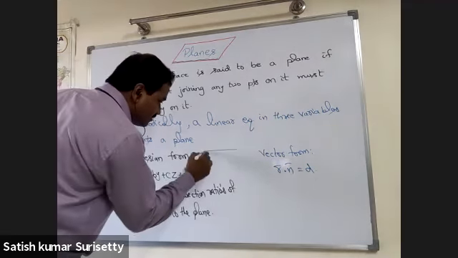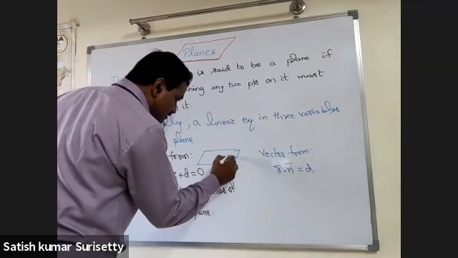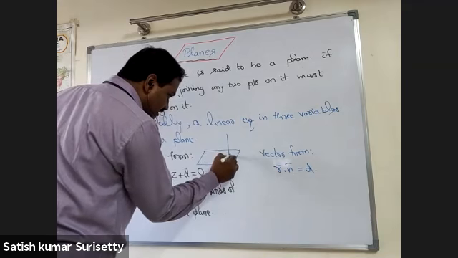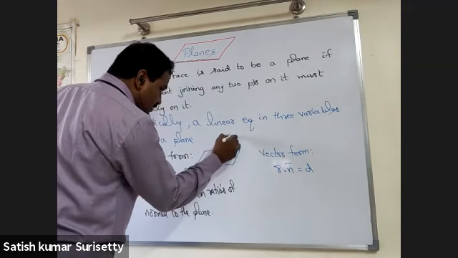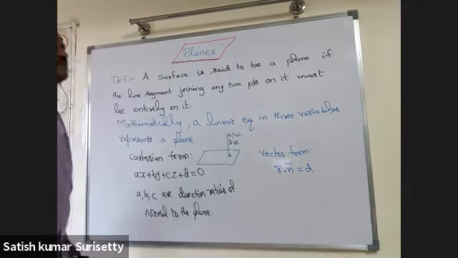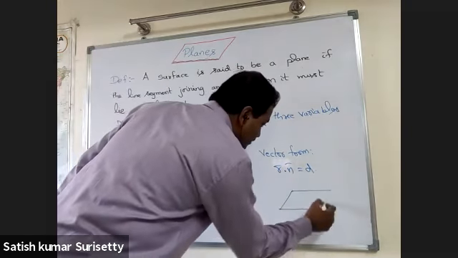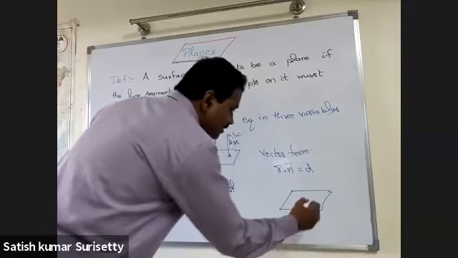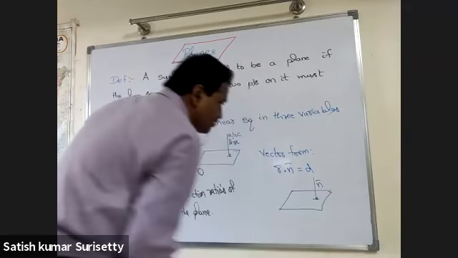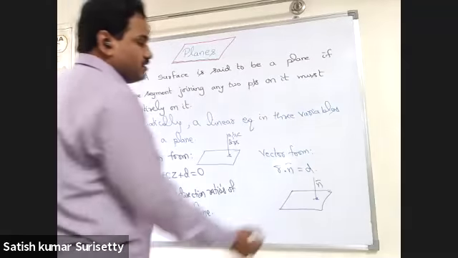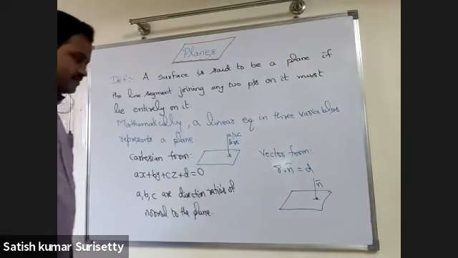In the same manner, in the vector form, n bar is the vector normal to the plane.